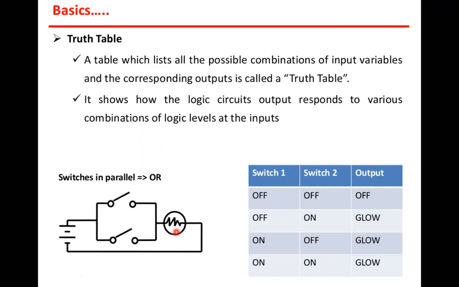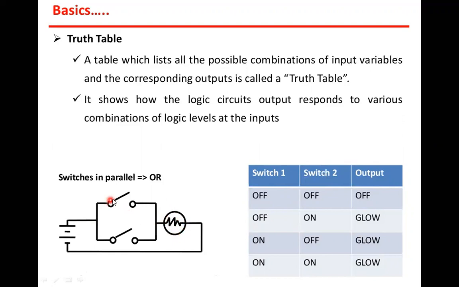Just try to understand. We have switch 1 and switch 2 as the two input variables to that circuit, and the output is this one, Y.